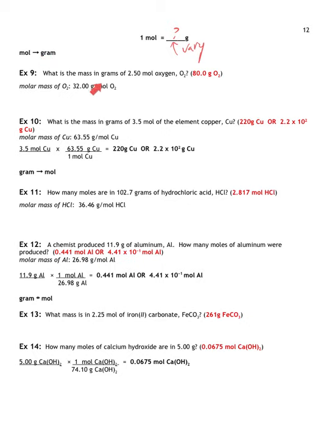So let's start off. It says, what is the mass in grams of this many moles of oxygen? So we're going to start off with our given, 2.0 moles of oxygen, and this is O2. And we want to convert this to mass using dimensional analysis. So we want to change the mole units of oxygen to gram units of oxygen. And there is a way to convert it. We look at what is called the molar mass. And molar mass is found off of the periodic table.